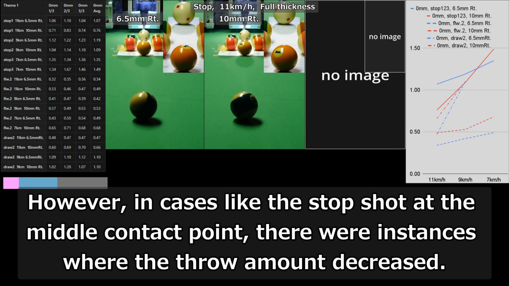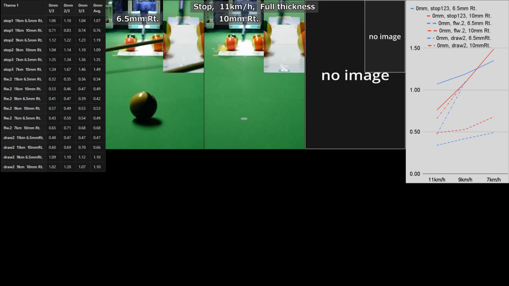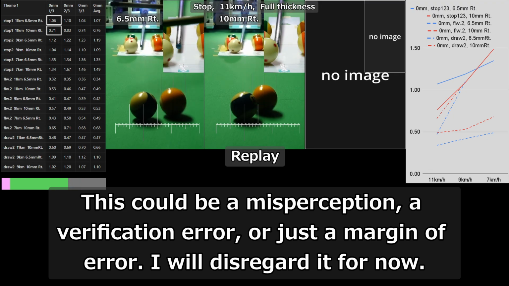However, in cases like the stop shot at the middle contact point, there were instances where the throw amount decreased. This could be a misperception, a verification error, or just a margin of error. I will disregard it for now.